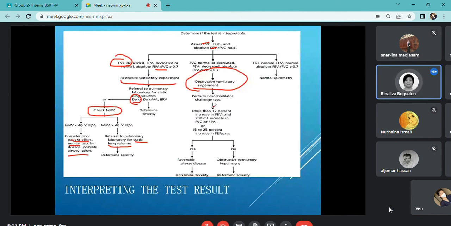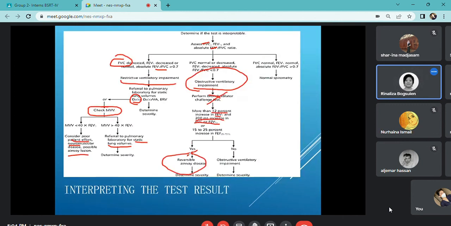Okay? Now, tanggalin na natin to ha. Because lahat na post-bronchodilation, how will I know that there is a significant reversibility or significant airway reversibility na tinatawag natin? Okay? If you see that there is an increase of more than 12% in your FEV1 and, hindi or, and a 200 ml increase in your FVC or FEV1, then you can say that there is a reversible airway disease.